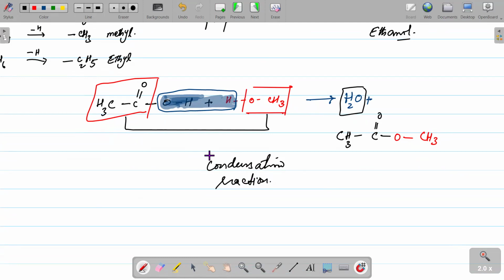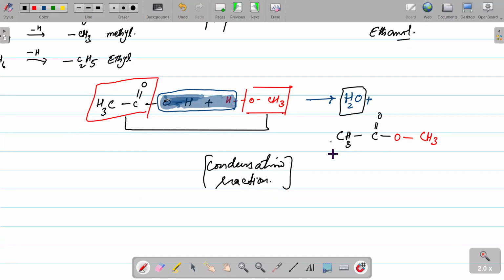right? And that is also the concept which will be used in the type of polymerization later on. So we discussed addition polymerization in case of alkenes. But right now, here, what is condensation reaction? When two molecules link with each other with the removal of a small molecule like water.